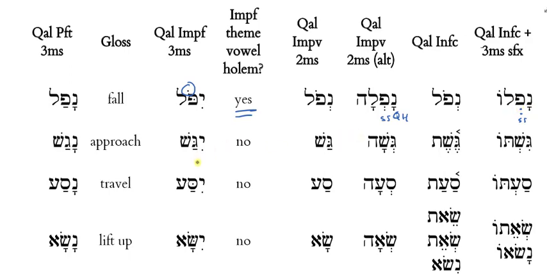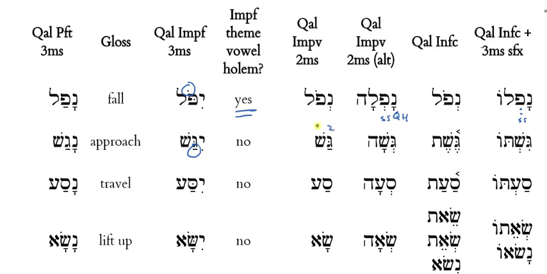Okay? Now, let's look at the rest of the forms real quickly. Nagash is to approach. The Qal imperfect, yigash. Notice my theme vowel is what? Well, whatever it is, it is not holem, is it? It is a patah. So the answer to this question is no. So, because there's not a holem for the Qal imperfect, it's going to follow in the Qal imperative and the Qal infinitive construct the weak pattern, where root 1, nun, is gone.